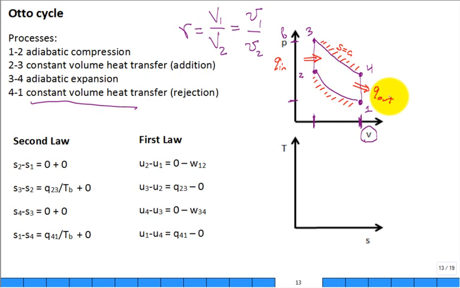Okay, now that we mastered the PV, let's jump over here and do the same for the TS. You're going to start at low temperature, T1, and low entropy, S1. Then we undergo a process 1 to 2, which is adiabatic compression, but we also said not only is it adiabatic, it's isentropic. So where is it? Straight up from state 1 to state 2.